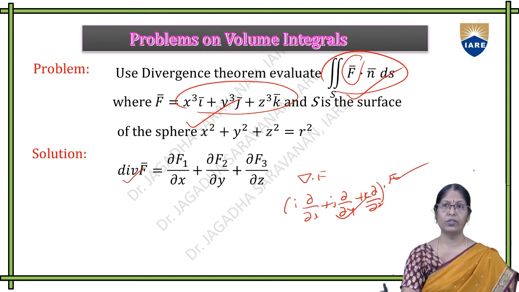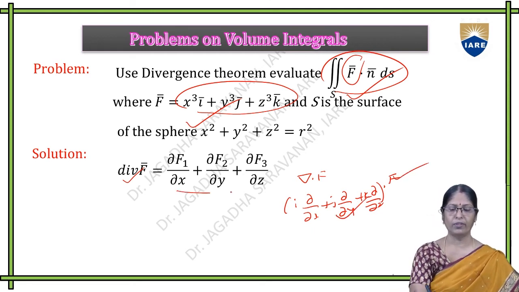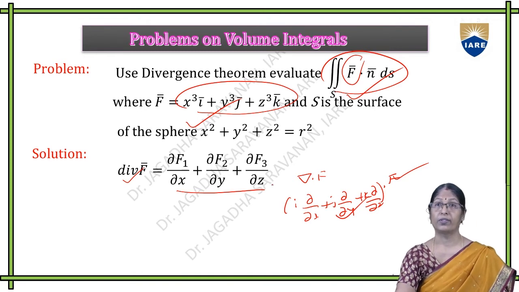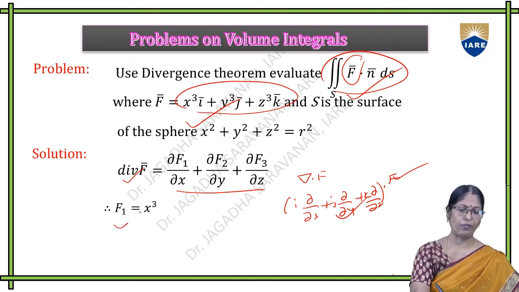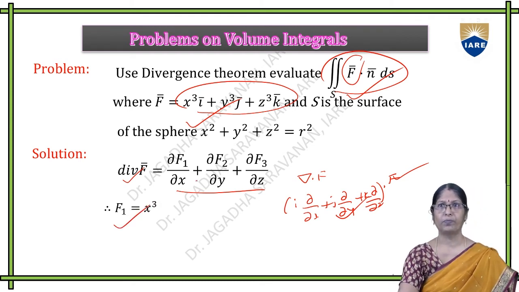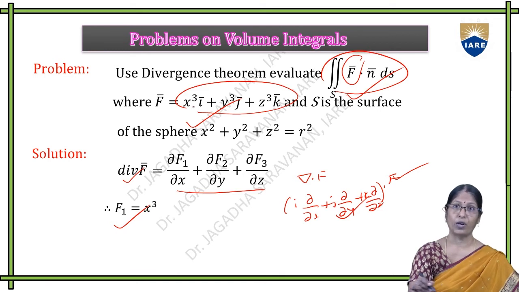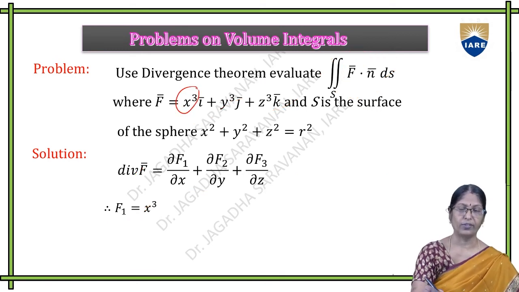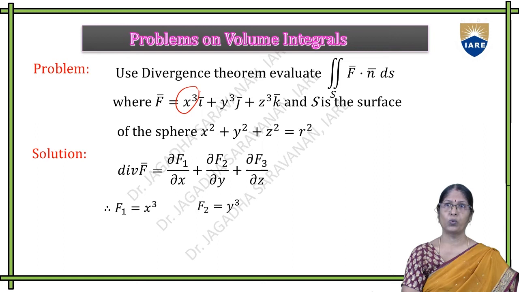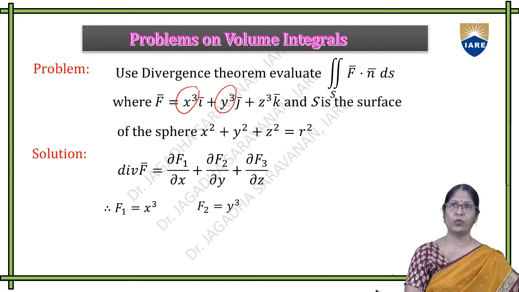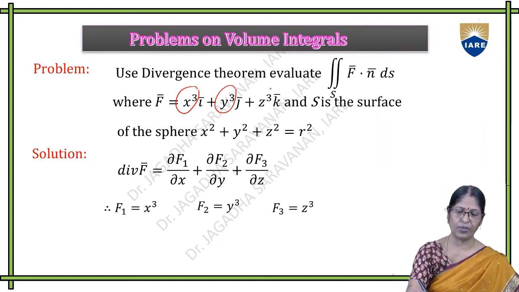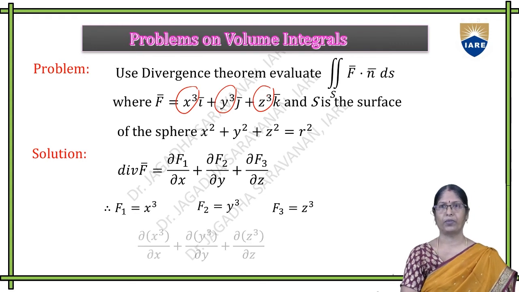If you do this dot product, we obtain del f1 by del x plus del f2 by del y plus del f3 by del z. So f1 equals x cubed, f2 equals y cubed, and f3 equals z cubed.